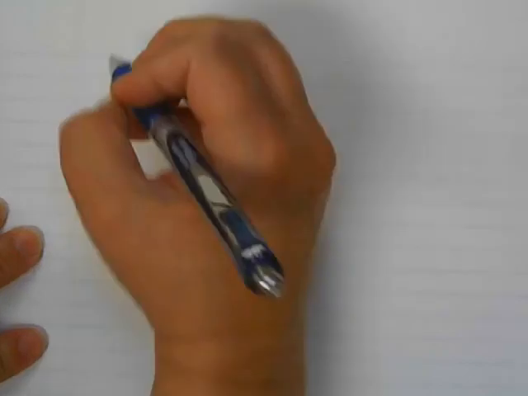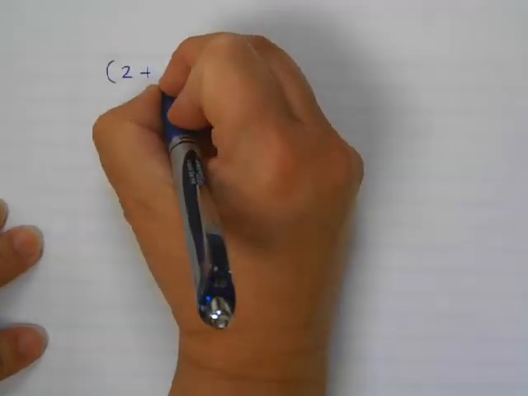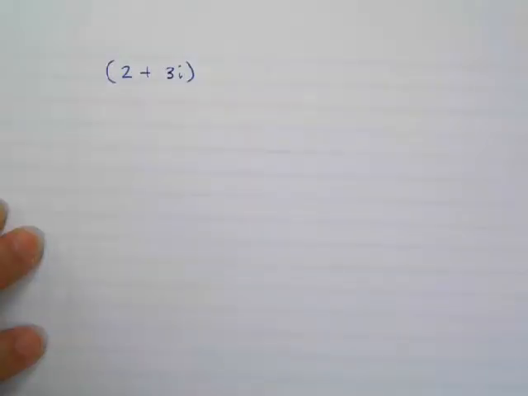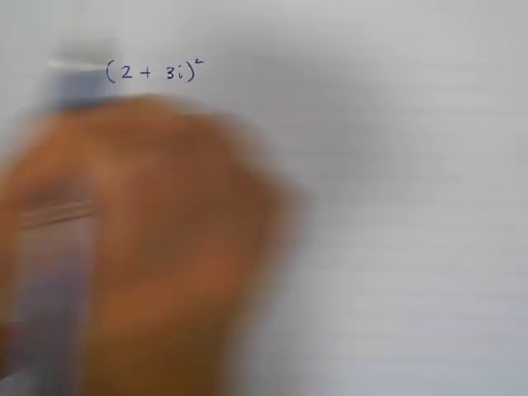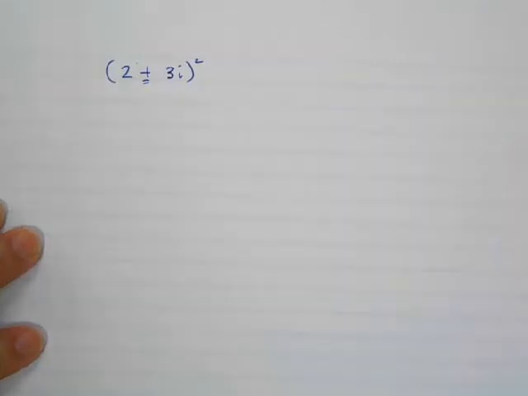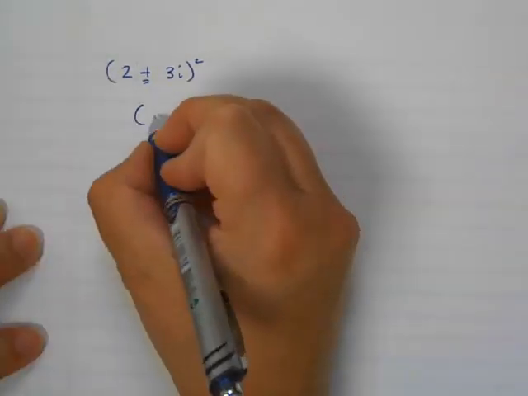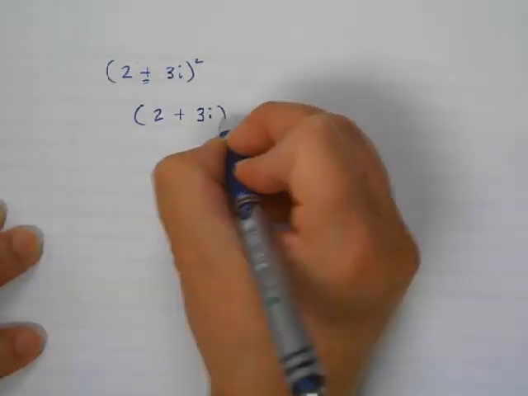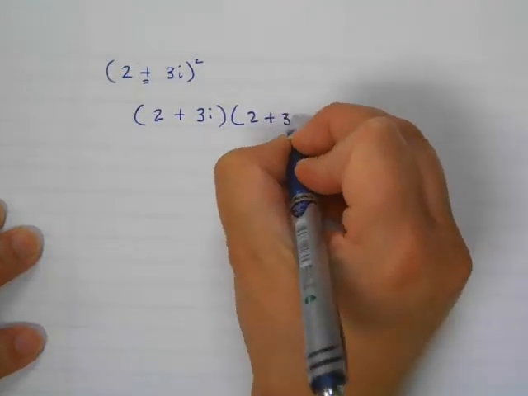Let's think about one where you have a binomial and you're squaring it. What if it was 2 plus 3i squared? Well, because of this plus sign, I cannot just square each term. I have to write this out twice. 2 plus 3i and 2 plus 3i.